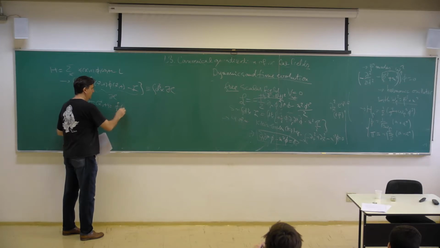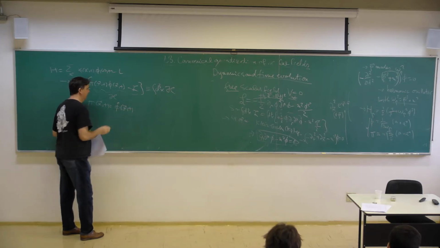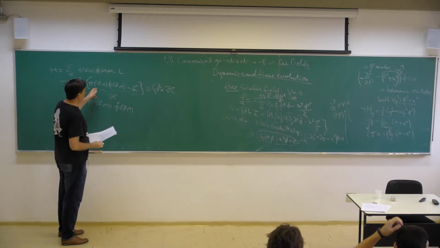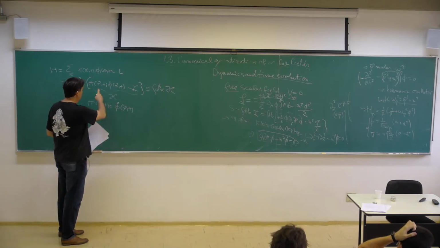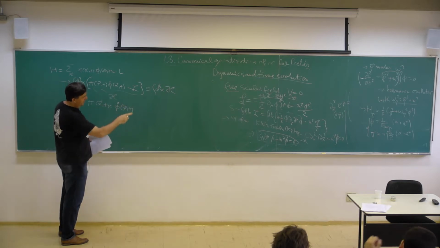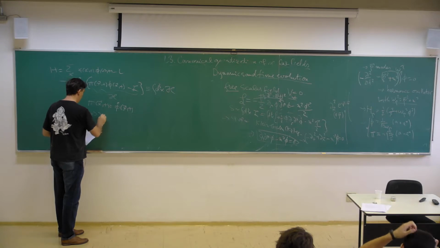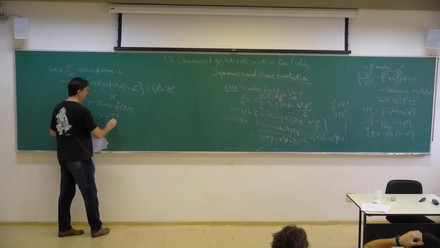So the canonically conjugate momentum to phi is also phi dot. And then substituting in here, h is phi dot squared minus a half phi dot squared, so that's phi dot squared over 2.